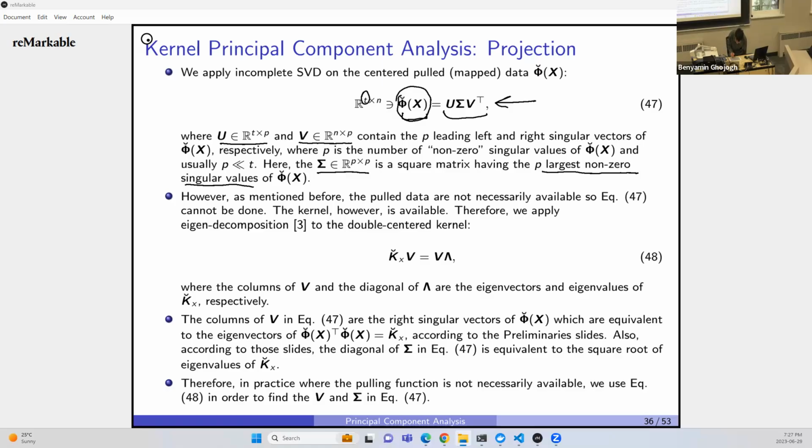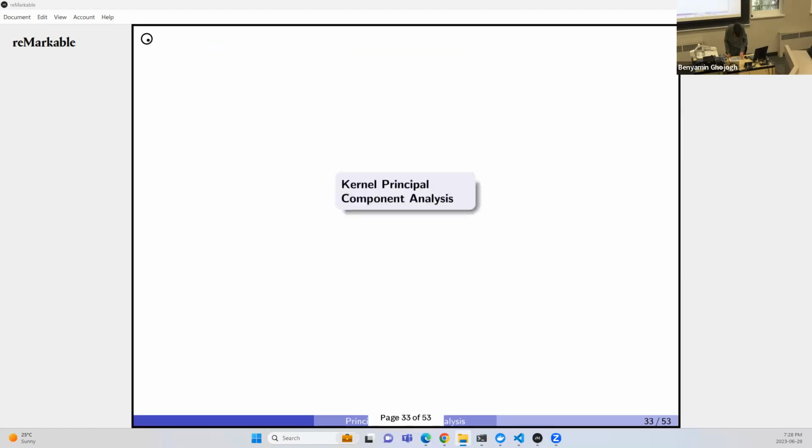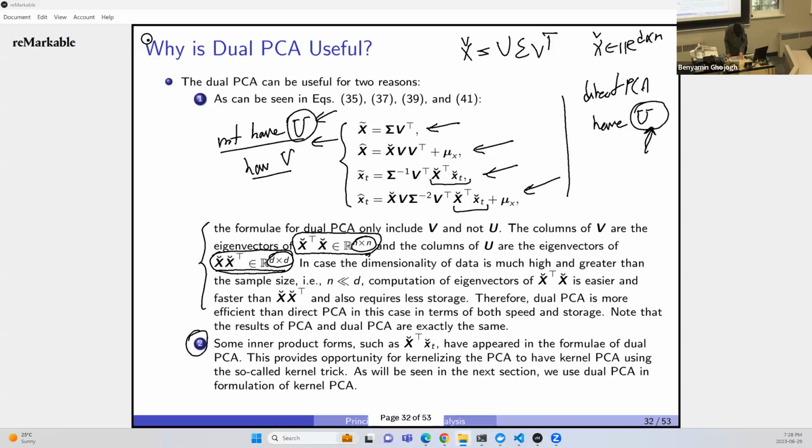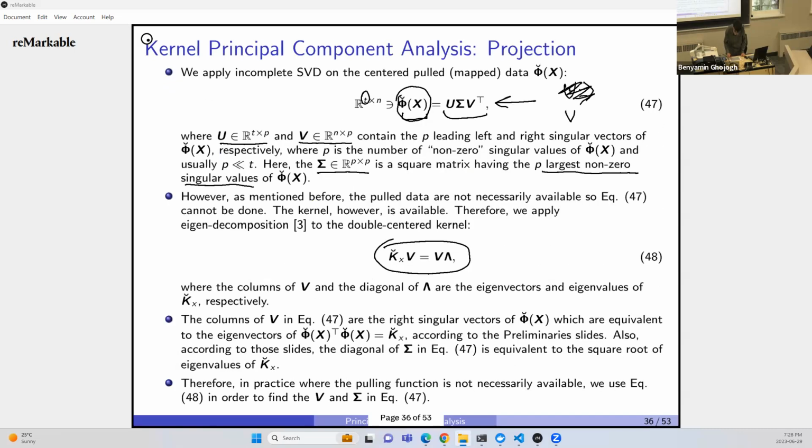Rather than this, let's apply eigenvalue decomposition on the kernel. Why? Because what is U? U is X times V. And what is V? It is the right singular vectors of Phi hat.